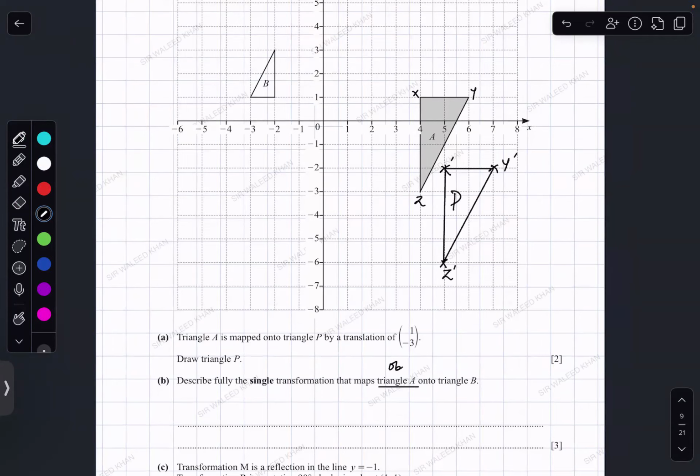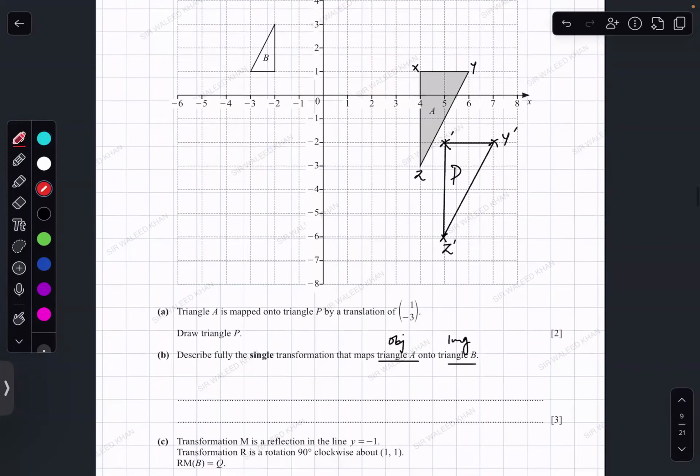This is the object and this is the image. A onto B. A is going towards B, like A has been transformed to B. So for this, there is only one kind of transformation in which the size will change, that is enlargement. Okay. Then one mark for this.